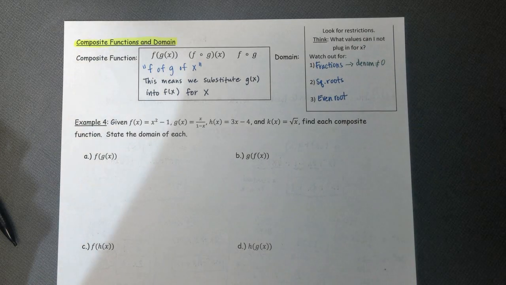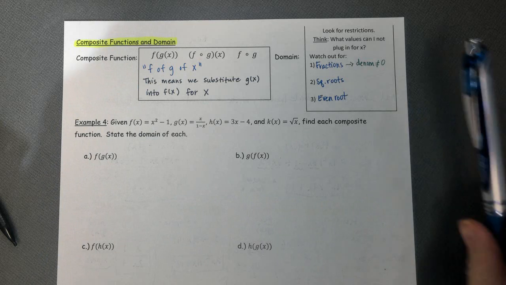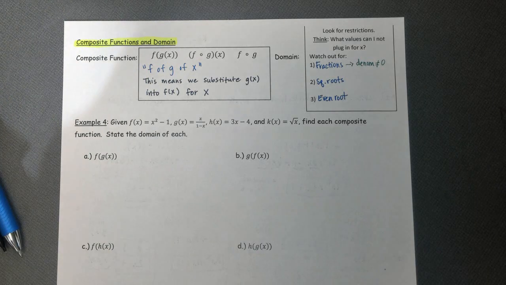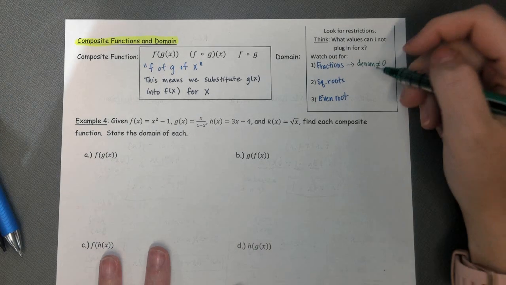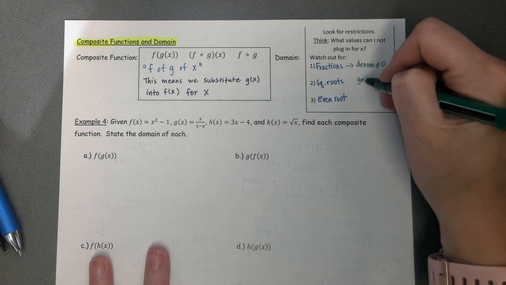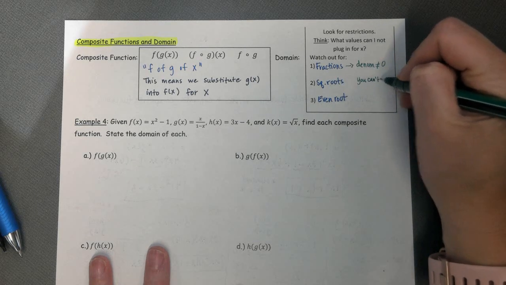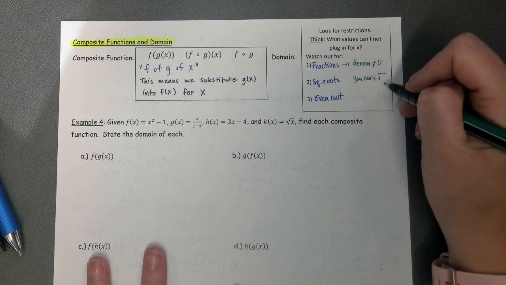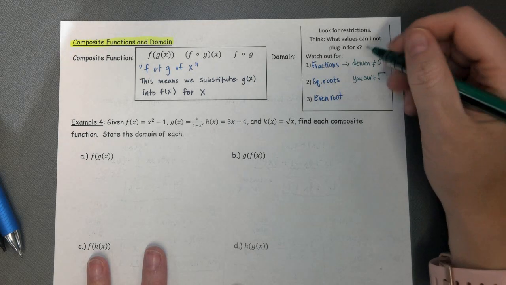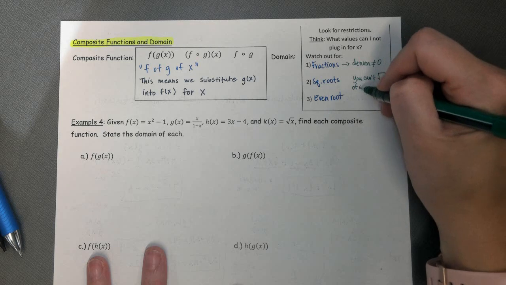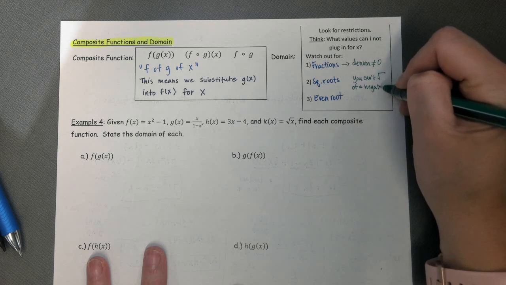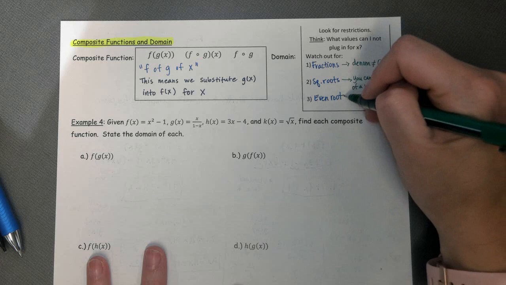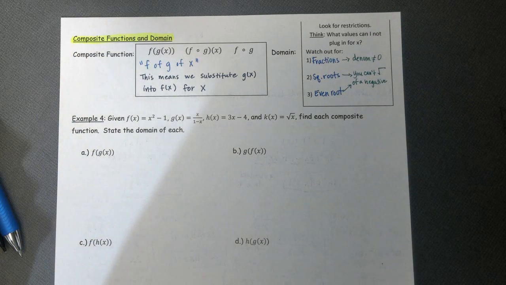So for square roots and any even root, for those two things, we'll just put the symbol, you can't do the square root of a negative. Okay, you can't do the square root of a negative.